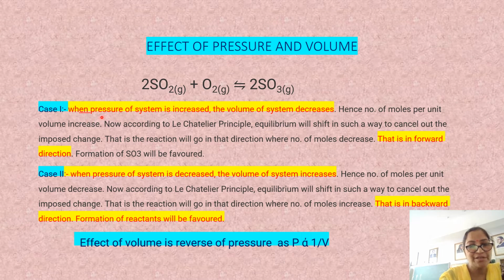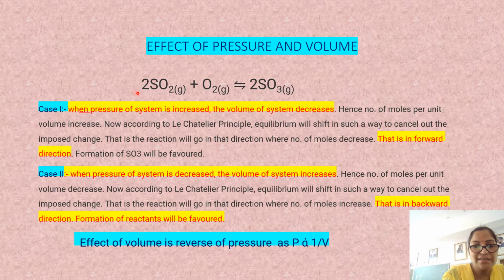Effect of pressure. If we increase the pressure of the system, it means the number of moles per liter increases. So according to Le Chatelier's principle, if we have imposed a change which increases the number of moles per unit volume in the reaction mixture, then the equilibrium will shift in such a way so as to decrease the number of moles per unit volume.